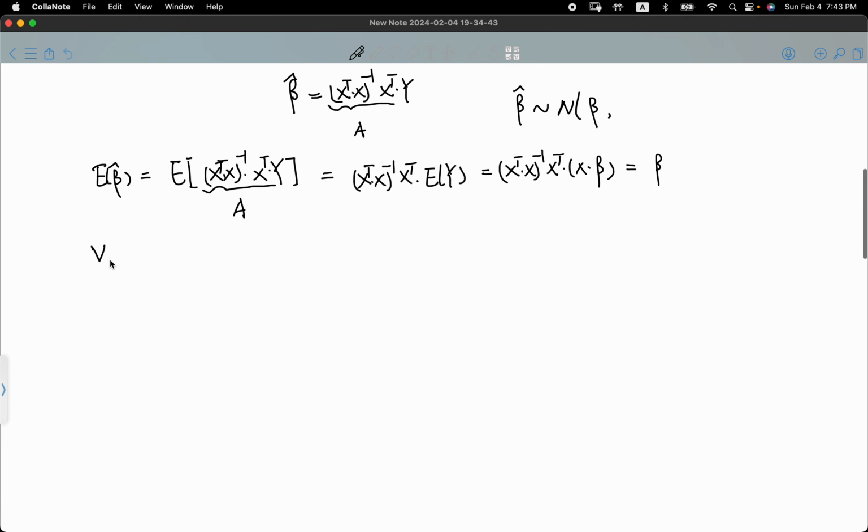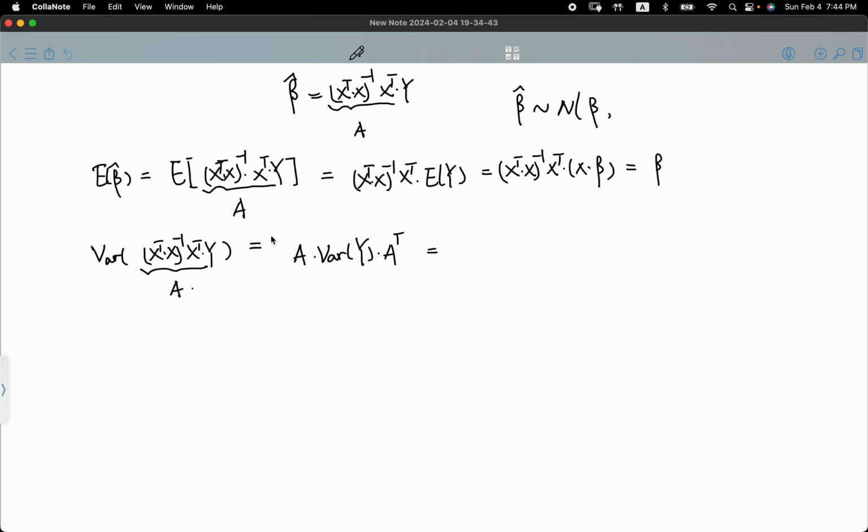Okay, next let's talk about the variance for X transpose X inverse X transpose Y. Again, consider this as A. So we should have something like A variance of Y A transpose.